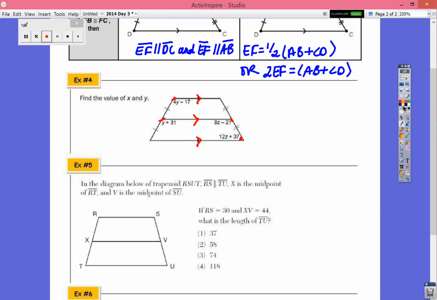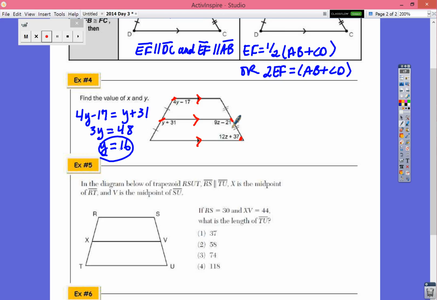So the first equation to solve for y is going to be 4y minus 17 is equivalent to y plus 31. So to solve for y, I end up with 3y equivalent to 48. Divide by 3, and y is 16.